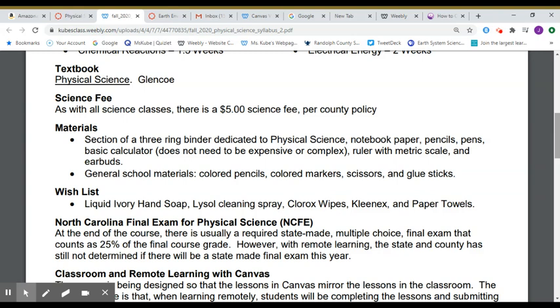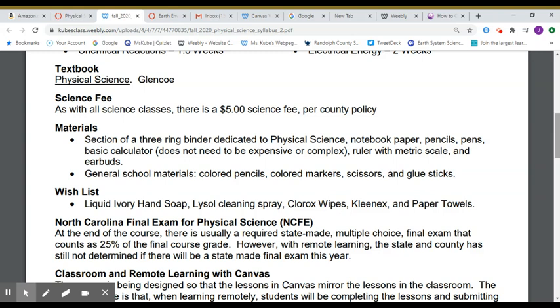But there's always the possibility that I might come in and my temperature's higher than 101, and then I have to go home and somebody else is going to be watching the class. And what they're going to be doing is just putting you on Canvas. So you're going to need some earbuds, and you won't be able to share the school headphones at this point because we're not allowed to share school materials.